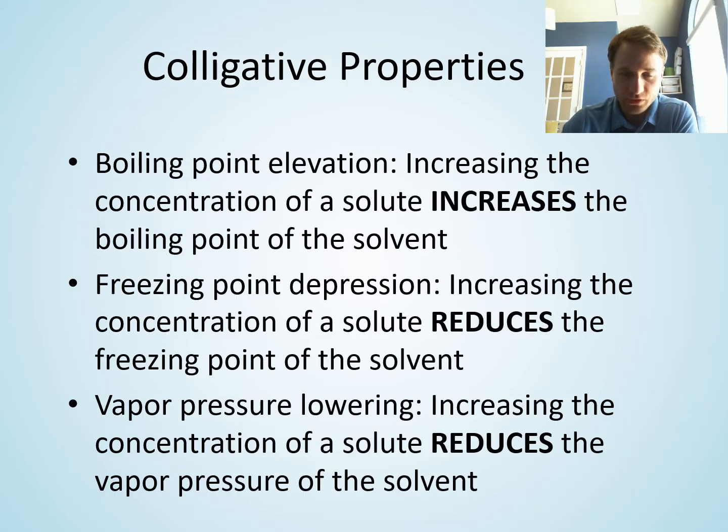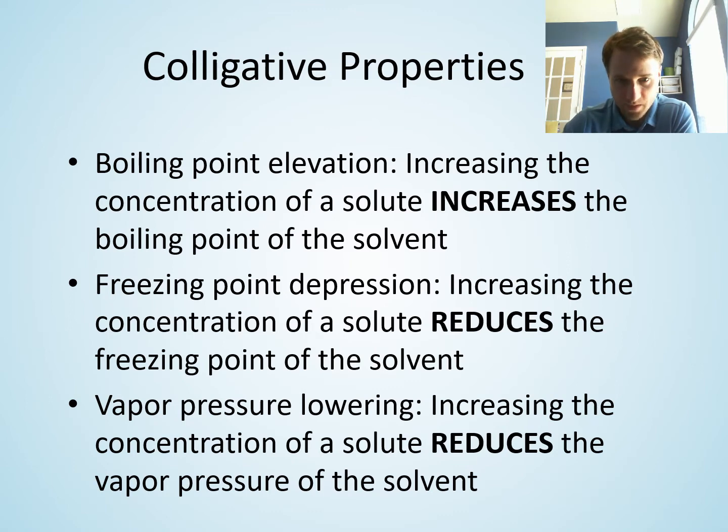So boiling point elevation is an increase in the boiling point with an increase in solute concentration. Freezing point depression is when you increase the solute concentration, you reduce the freezing point of that solvent. And vapor pressure lowering is when you increase the concentration of the solute and you lower the vapor pressure of the solvent.